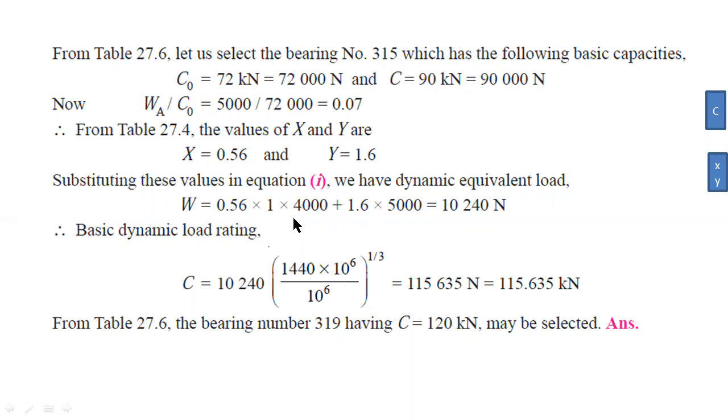This is the formula for W: X into V into WR plus Y into WA. By using this formula we have to find the value of W. W equal to 10240 and L equal to 1440 into 10 power 6 by 10 power 6, whole power 1 by 3, equal to, the answer is 1,15,635 newtons.